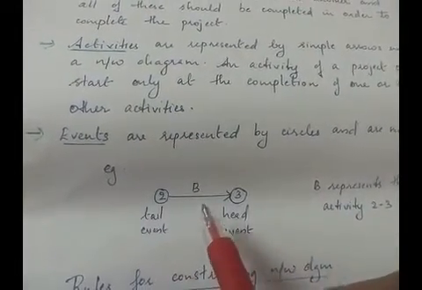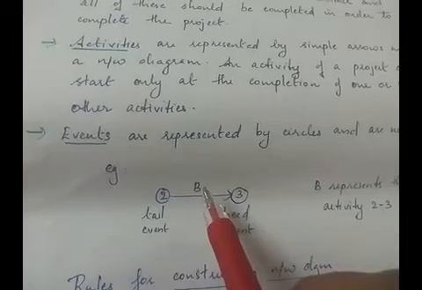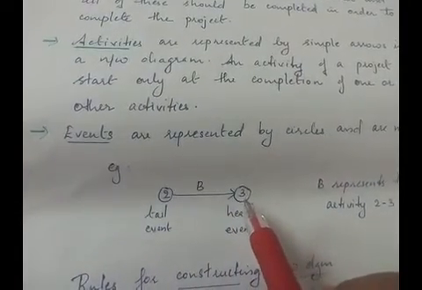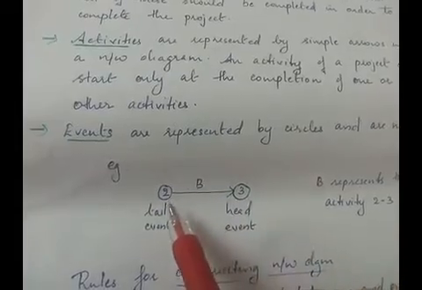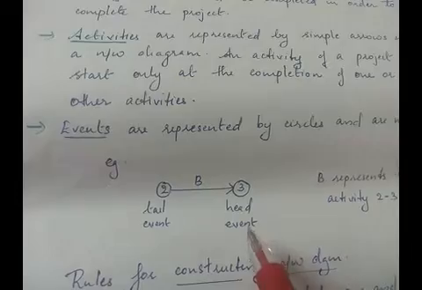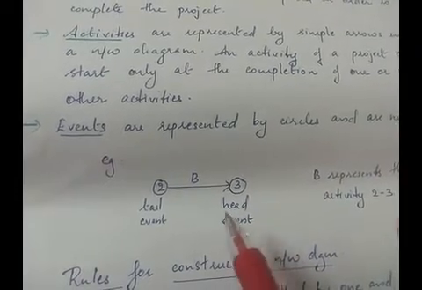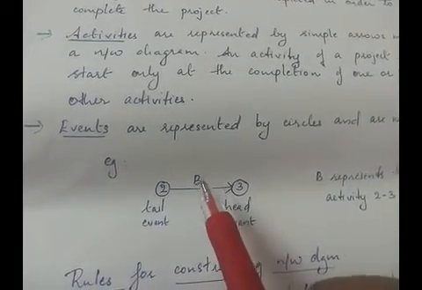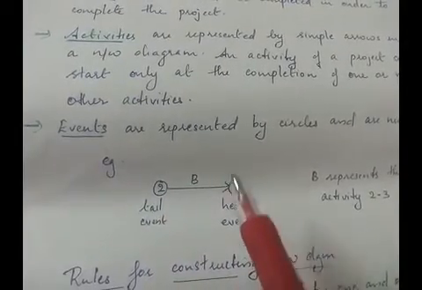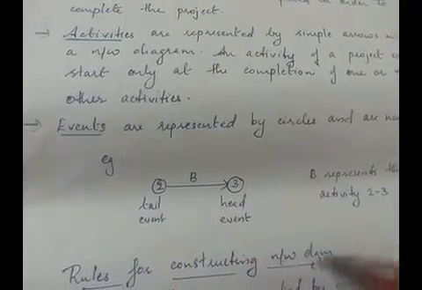Here the activity is labeled as B, and the activity's starting event is 2 and the ending event is 3. The starting event of an activity is called the tail event and the ending event of an activity is called the head event. So we can call this activity B or the activity 2, 3.